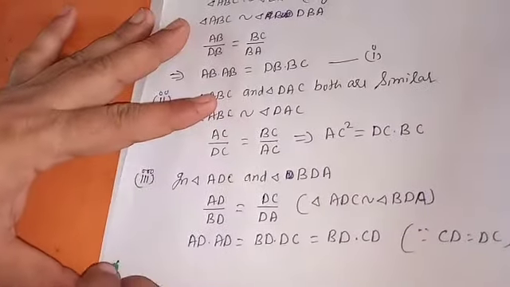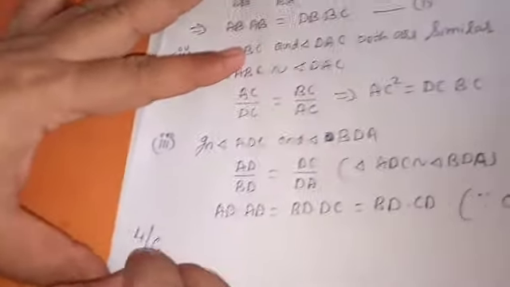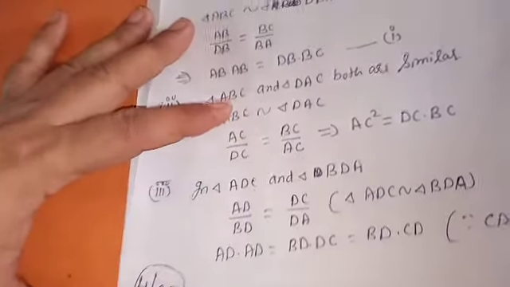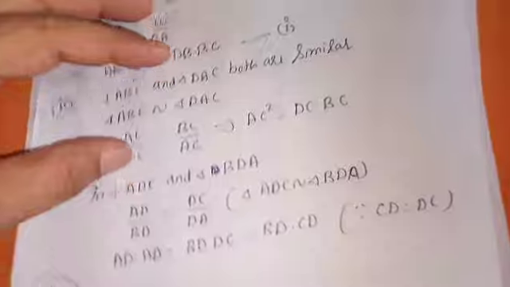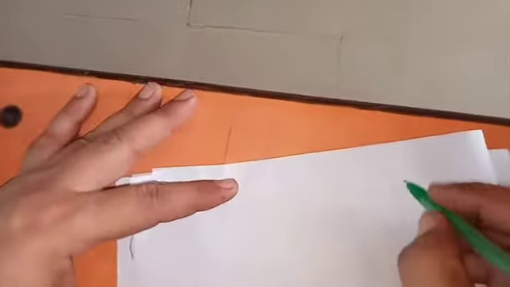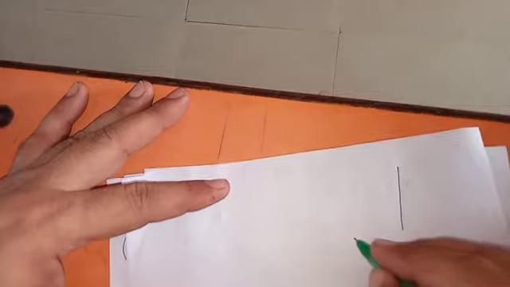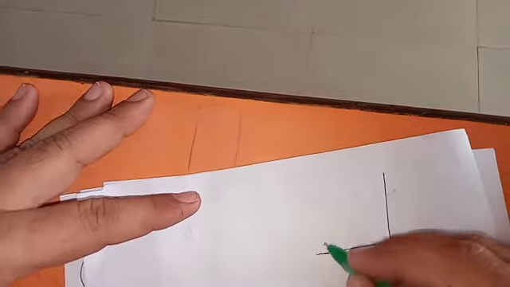Question number 4, exercise 6.5. ABC is an isosceles triangle, right angle at C. Isosceles triangle means whose two sides are equal.